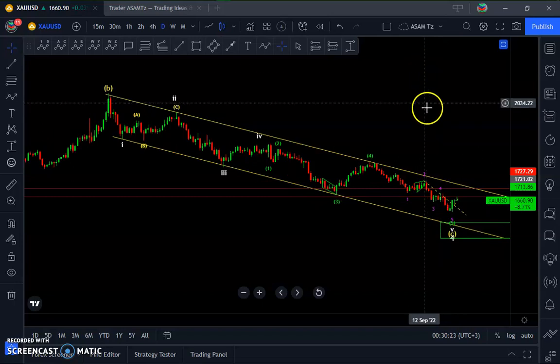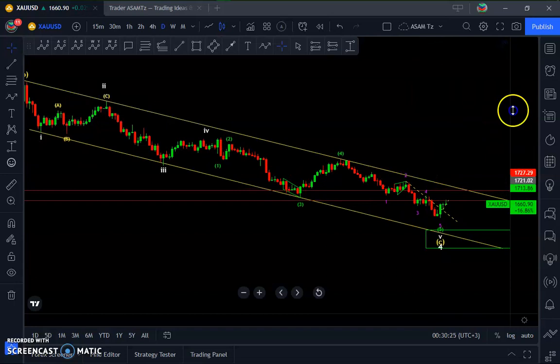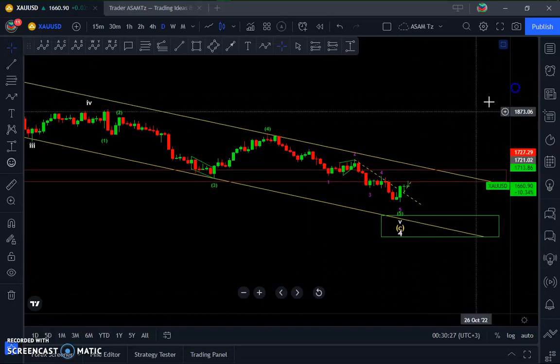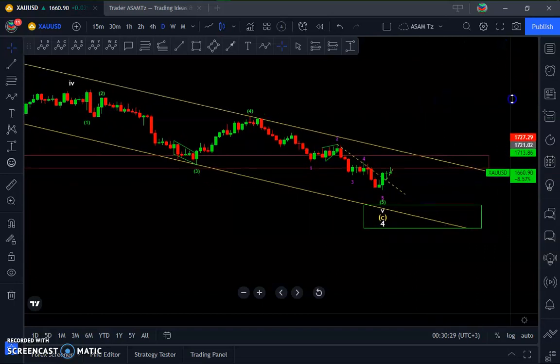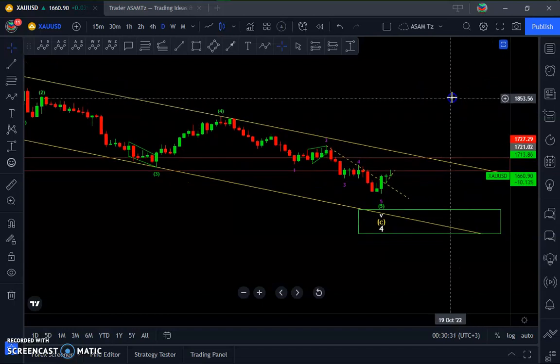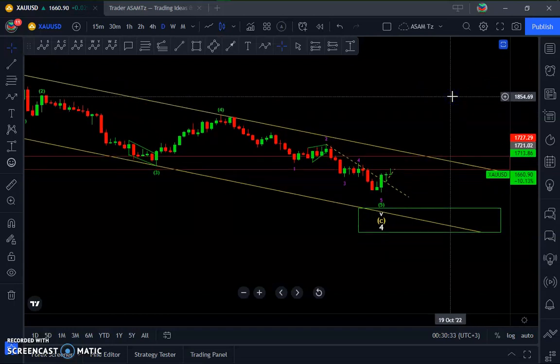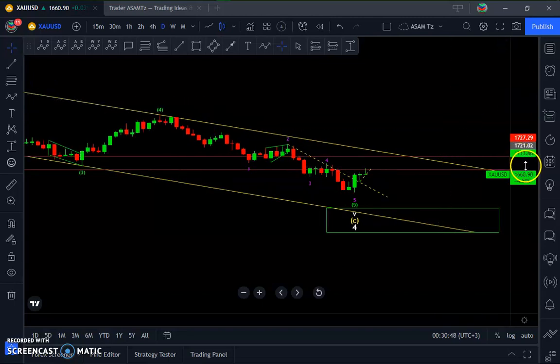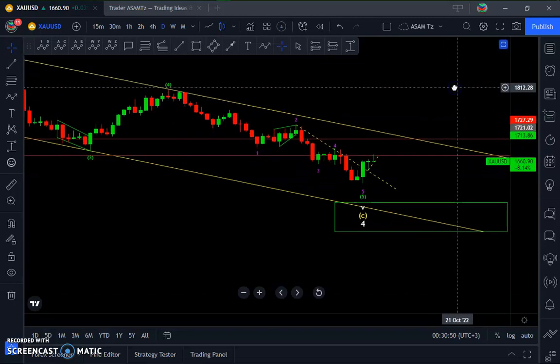In the daily time frame, I have two ideas in my next week analysis: a bearish idea and a bullish idea, but the ideas can sometimes align. So we can trade certain directions by aligning both bullish and bearish ideas together.